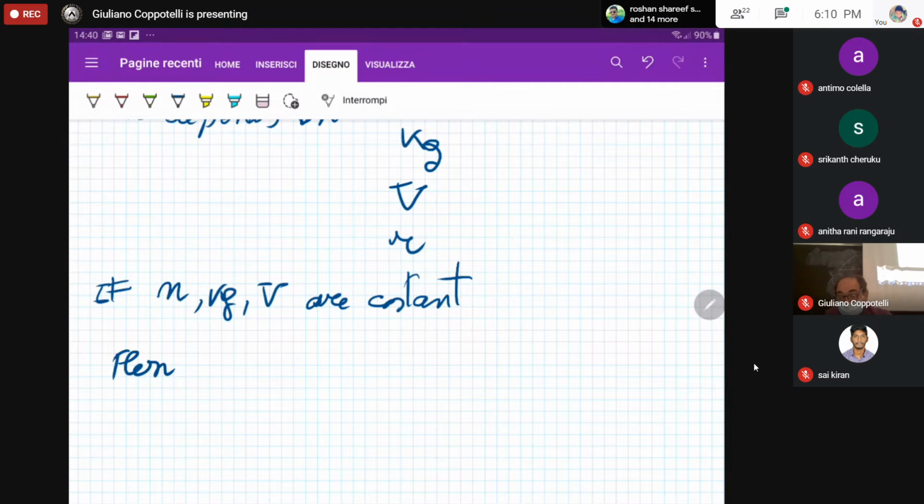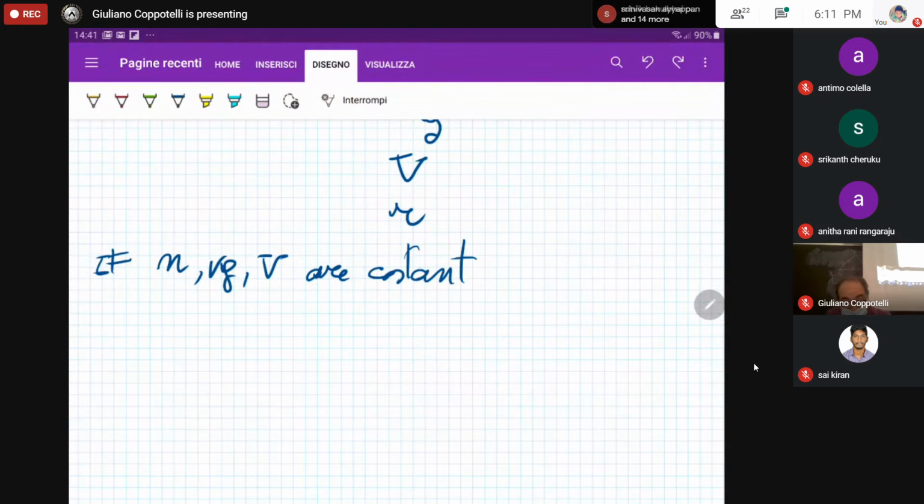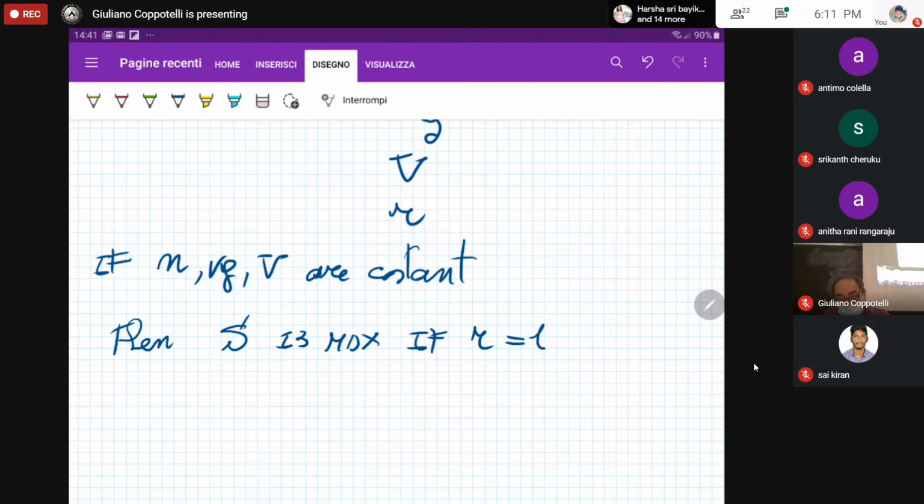then the sensitivity is maximum if R is equal to 1.